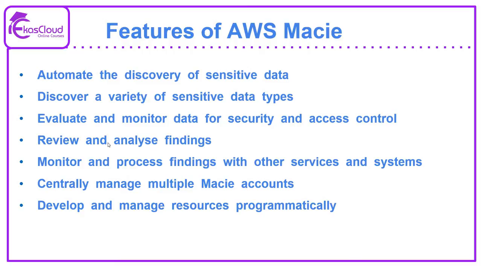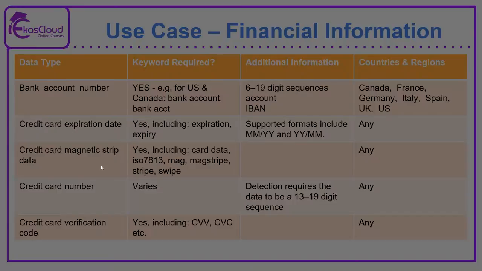And then you review and analyze the findings. You get a dashboard of the findings, and each finding will give you the severity rating, the information about the affected resource, and any additional details such as when and how Macie found that issue.